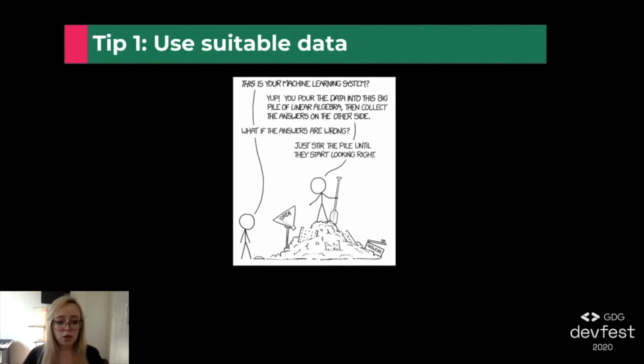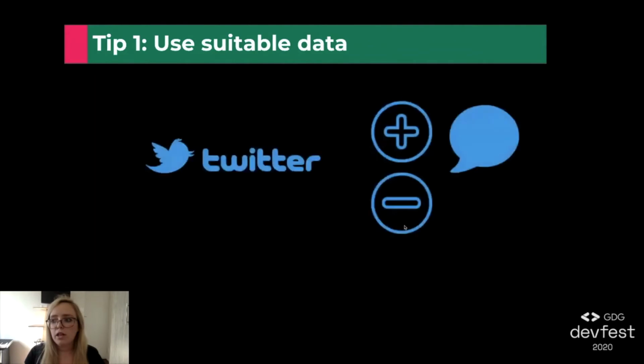So, for example, there are many online tutorials that show you how to create sentiment classifiers. And a lot of these online tutorials are based on Twitter data, where tweets are labeled as either being positive or negative.